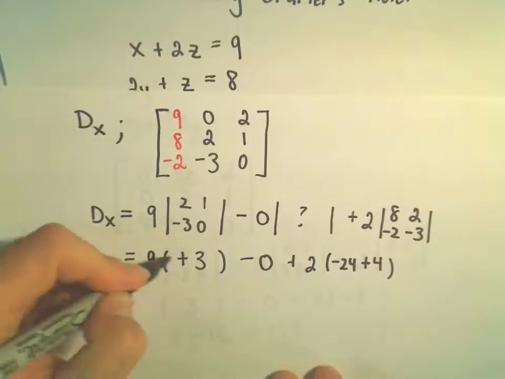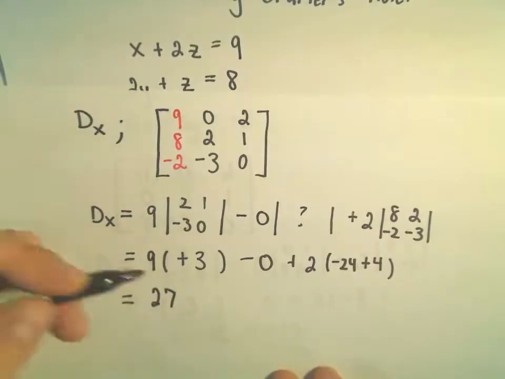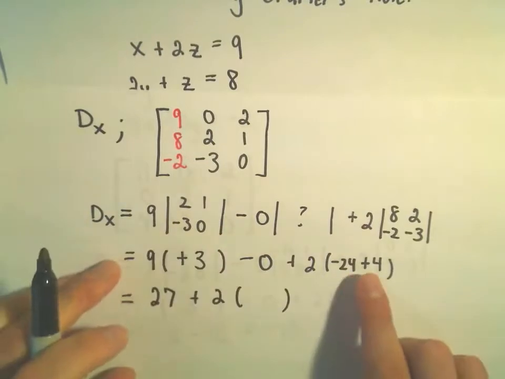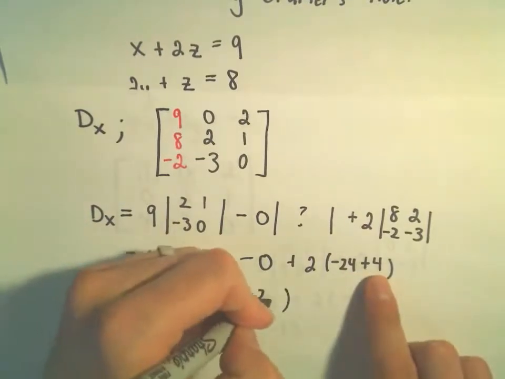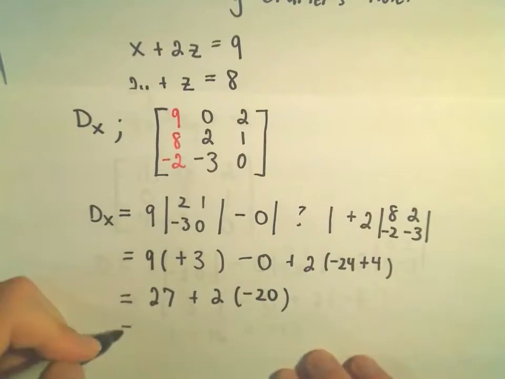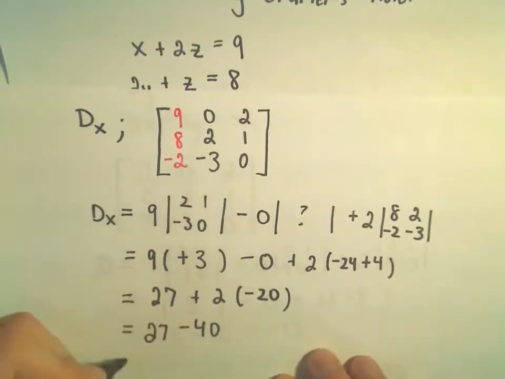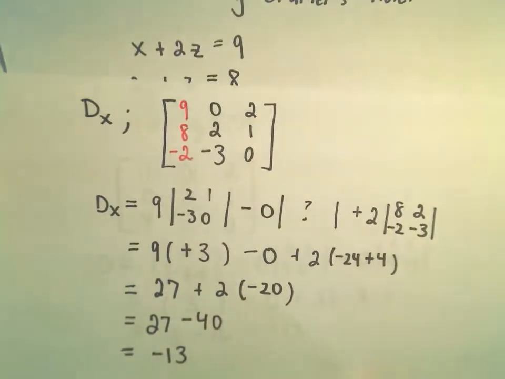Well, let's see, 9 times 3 is 27. Negative 24 plus 4 would be negative 20. So it looks like we have 27 minus 40, and 27 minus 40 is going to give us a value of negative 13. Okay, so there's our d sub x value.